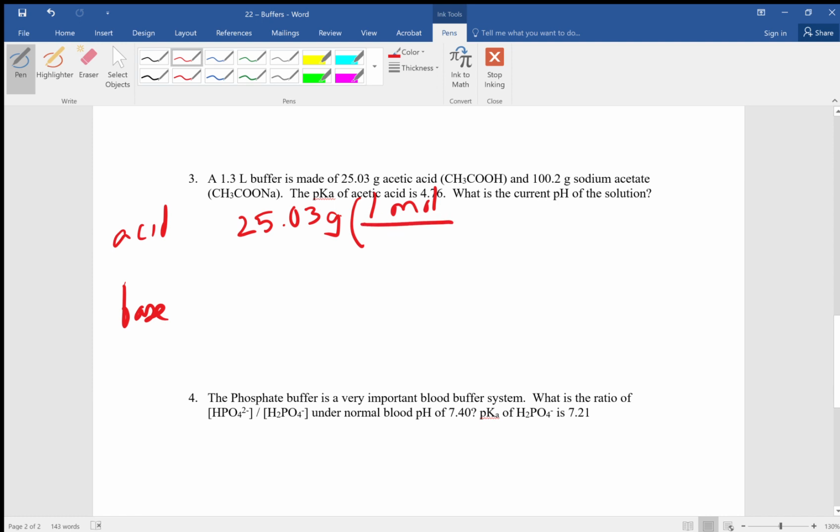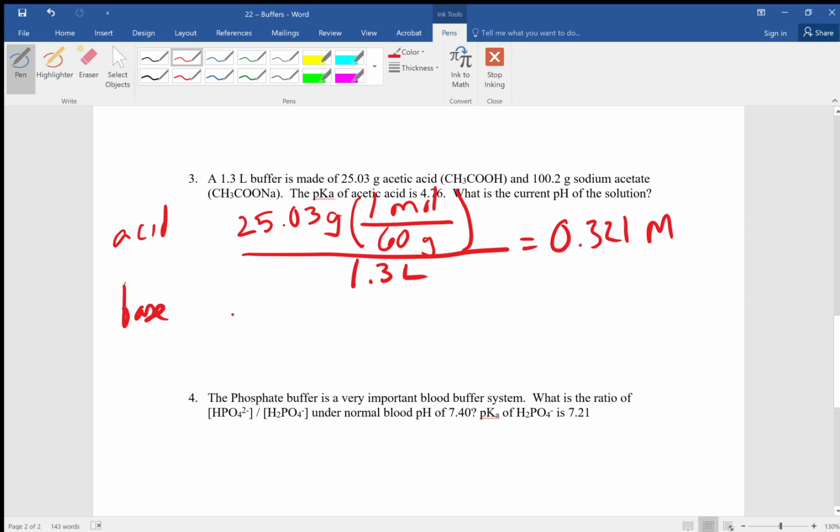We can calculate its molar mass to be 60 grams. And we divide that by the volume of 1.3 liters. As a result, we find that the acid is 0.321 molar.